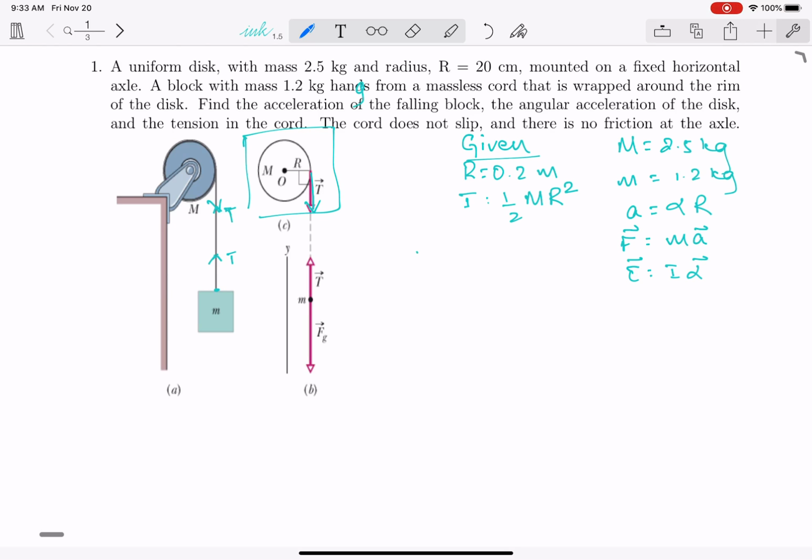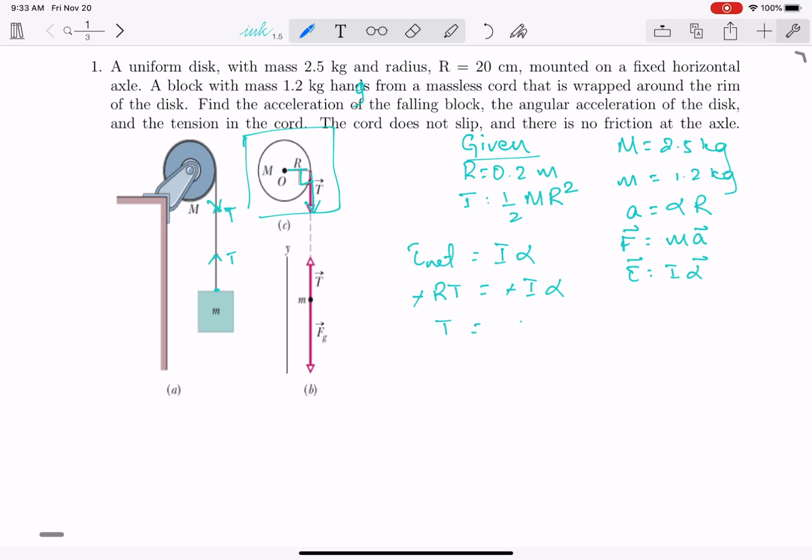So the net torque on the disc is I times alpha, in a clockwise direction. It's rotating clockwise, so that's negative. Torque is created by R times T, which is perpendicular, so R times T times sine of 90, which is 1. So R times T equals I times alpha, and the net torque is in a negative direction.